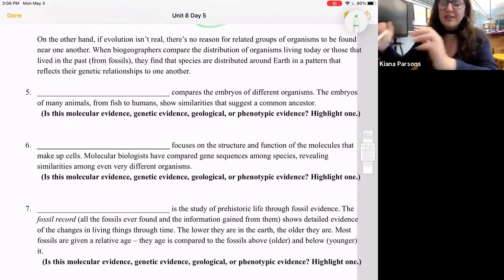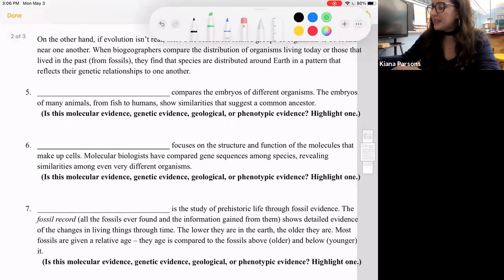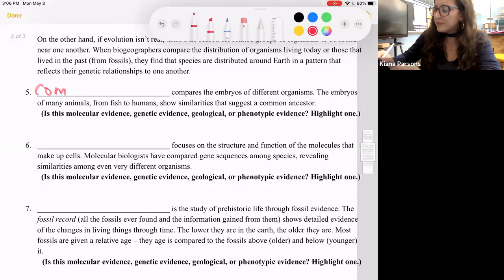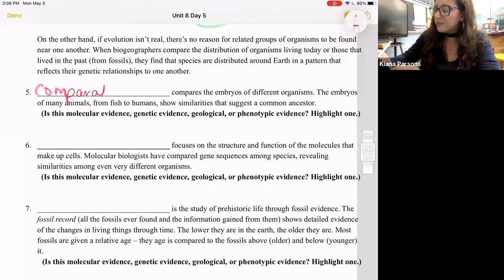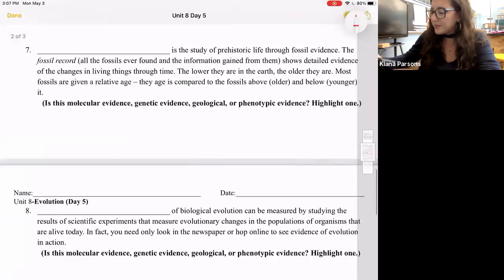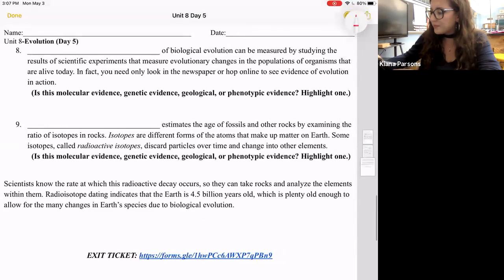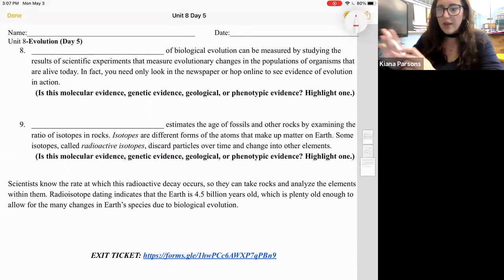Comparative embryology is the next one. We already read that. Phenotypic evidence. Okay, I see that.